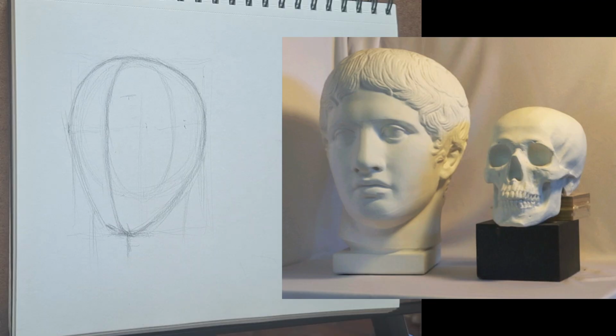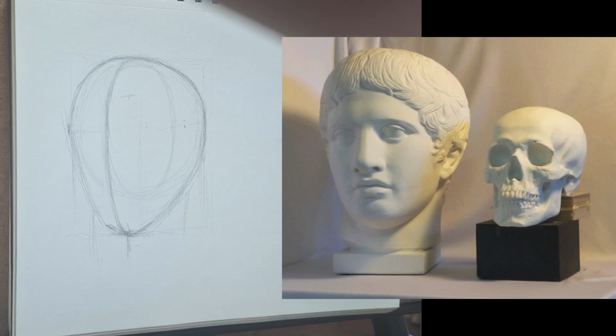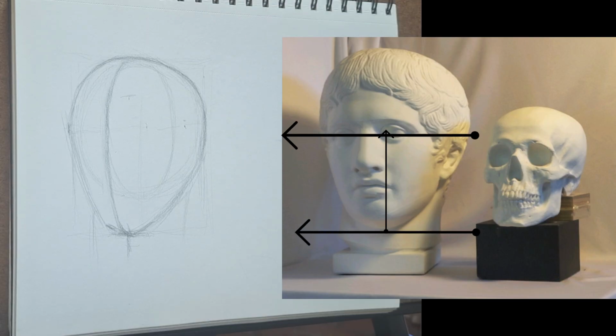So let's see, the easiest thing would be to take, from the very bottom of the chin where it attaches to the neck, to your eye, to one of the corners of the eye. That will be the center of your eye.